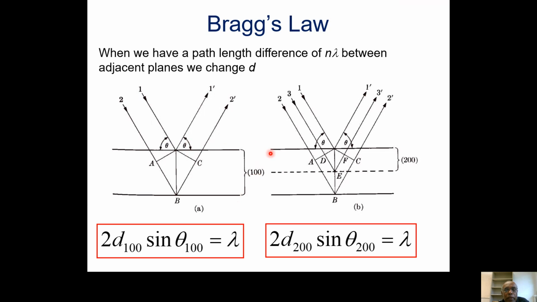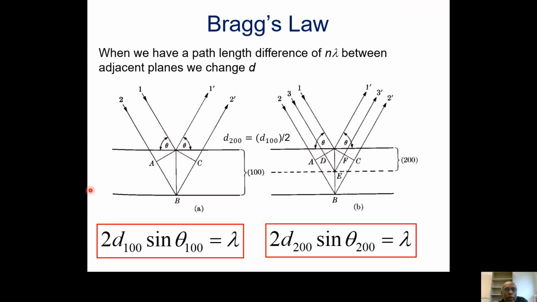Then if I have diffraction happening from the 2, 0, 0 plane, everybody remember 2, 0, 0 means in the Miller indices you have 1/2, right? So this distance for 2, 0, 0 is actually 1/2 of the 1, 0, 0 distance.